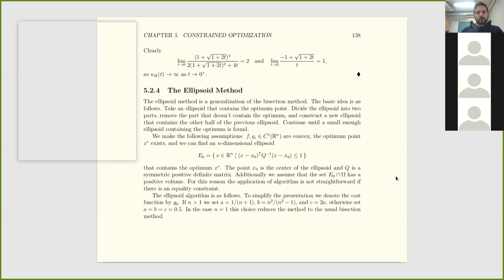I have a question. In which scenario can this barrier method be better than the penalty method? In which situation?